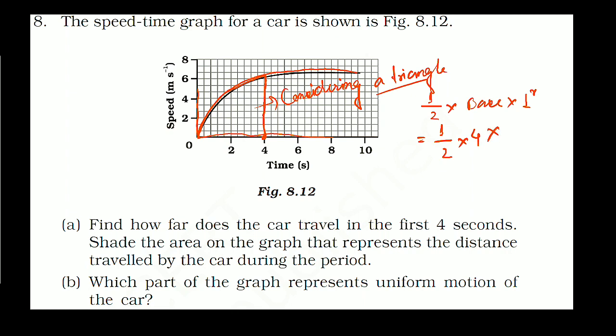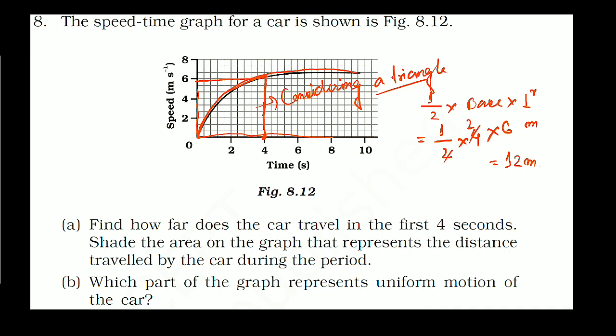If you clearly see, this distance is approximately 6, right? It will be 6, so it will be in meter. So cancel out 2. That means it will be almost 12 meter. 12 meter is the distance that the car travels in the first 4 seconds. So the first part is solved.